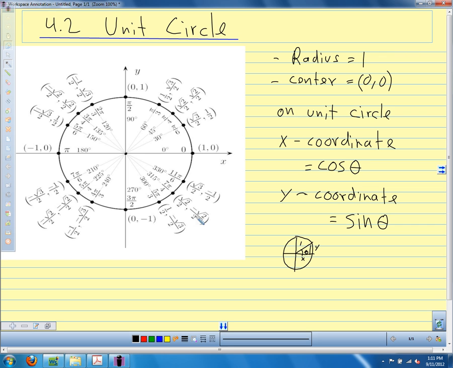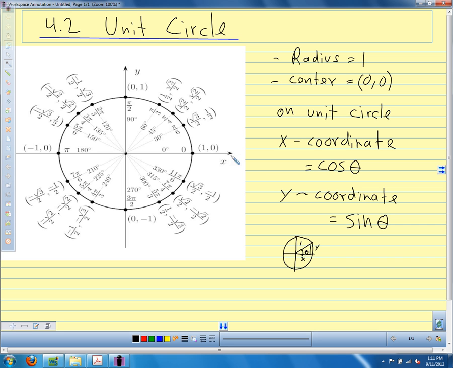All right, let's look at a couple from 13 through 16, because those are going the opposite direction. So for number 13, it says at what angles is the sine of the angle 0? So what that question is asking us is on our unit circle, where is the y coordinate 0? The sine of the angle is the y coordinate.